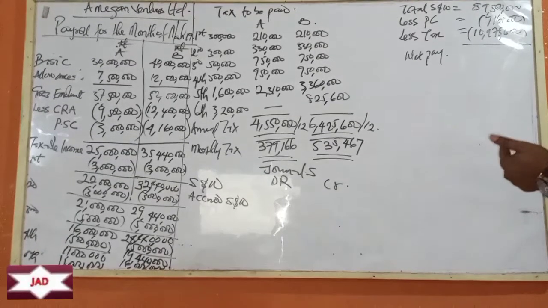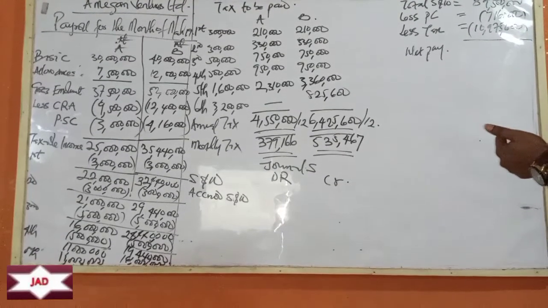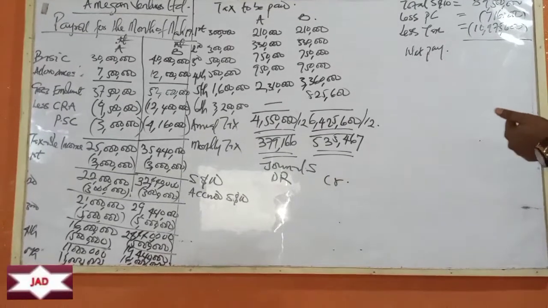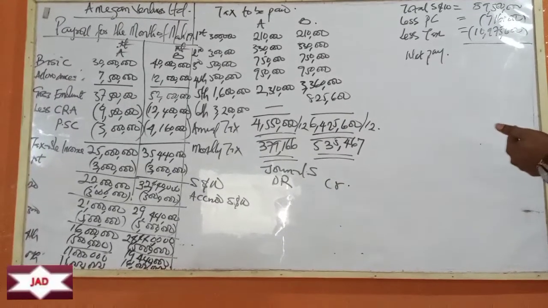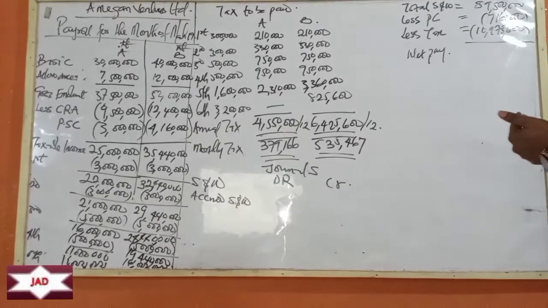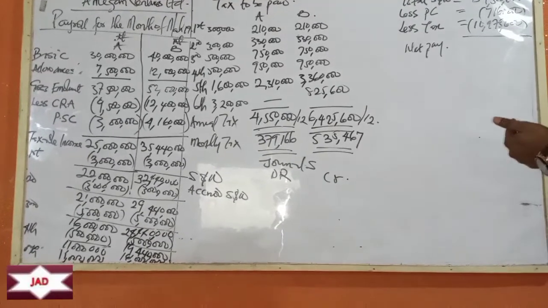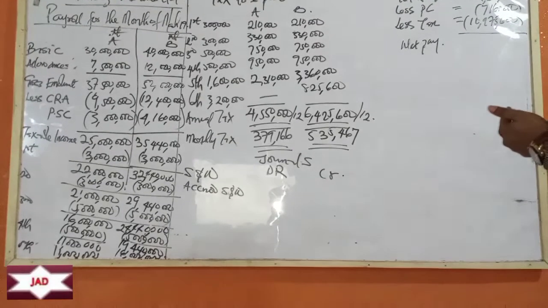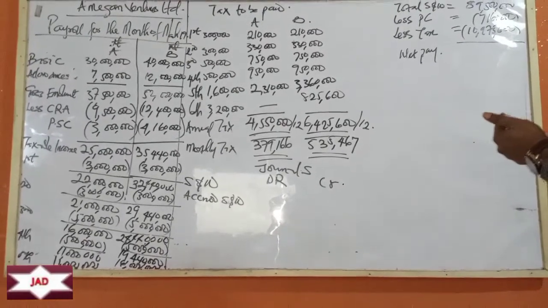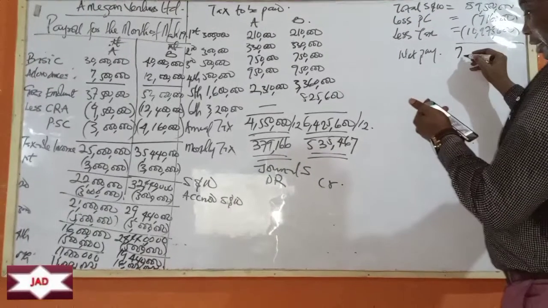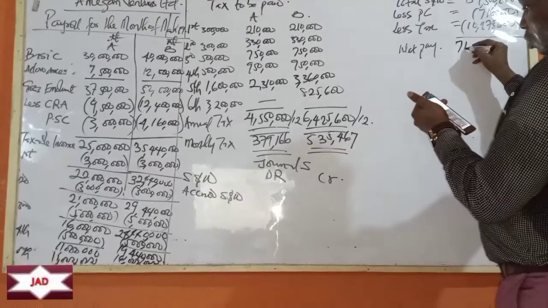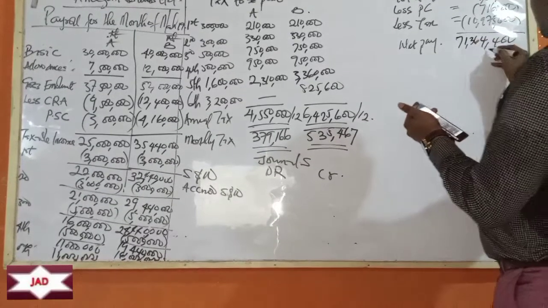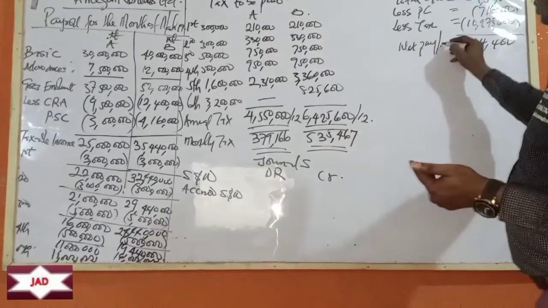So we have 89,500,000 minus 7,160,123 minus 10,975,600. So the net pay here is 71,364,400. That's the net pay per annum.